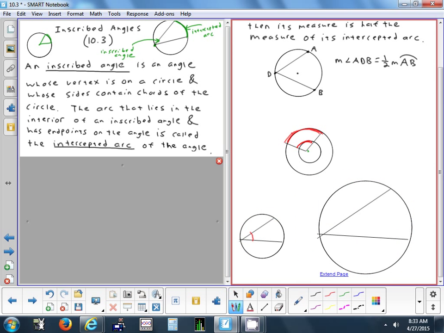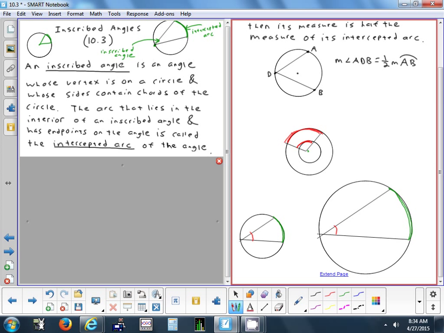These two angles are exactly the same, even though this angle has longer chords, it's still the same measure as that one if you use a protractor. And since the size of this arc only depends on the size of this angle, these two arcs are exactly the same measure in degrees.